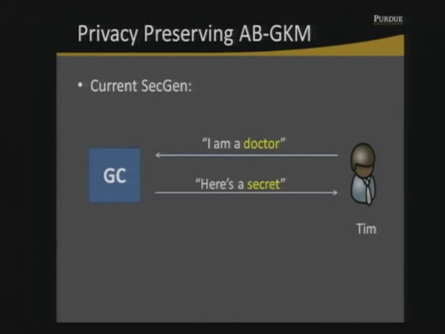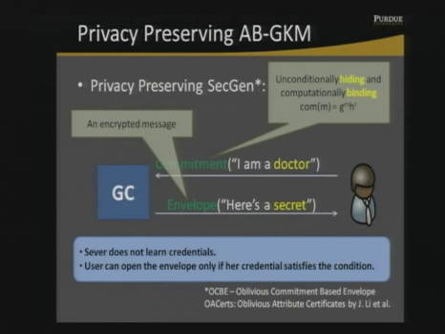So what we do is we use a protocol called OCBE, which obliviously gives secrets to the users. The high-level idea is as follows. Instead of submitting a statement saying that I am a doctor, the user gives a commitment. A commitment is a cryptographic construct that hides some value, but still binds it to the user.